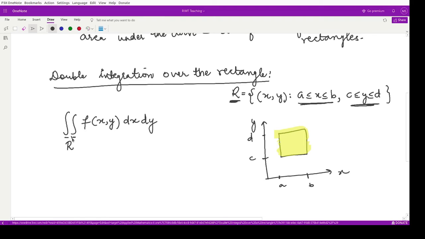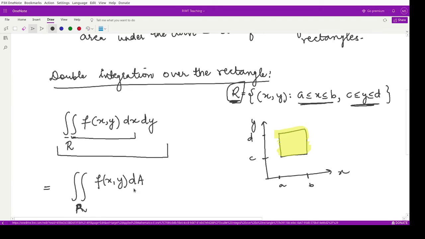One integration is with respect to x and another is with respect to y. This could also be represented as the integration over the given rectangle R of f(x, y) dA, whatever is the small area.